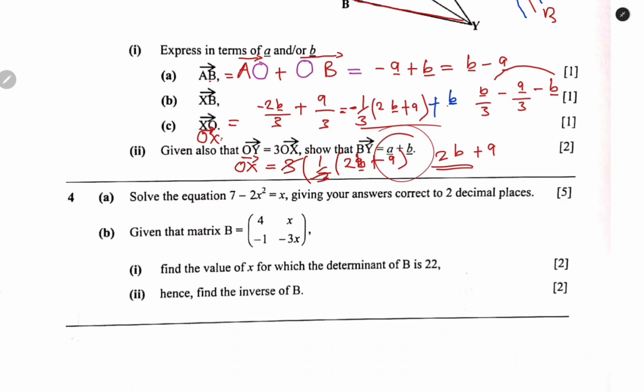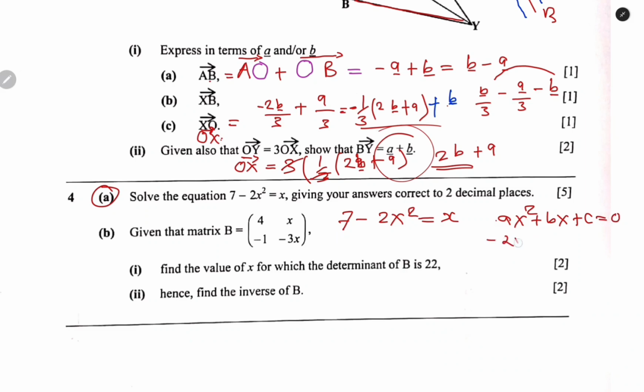For the fourth question, the first part is the quadratic equation, which is 7 minus 2x square equal to x. Before you even answer the question, you need to know that a quadratic equation should be arranged in the order ax square plus bx plus c equal to 0. So let us rearrange this one.